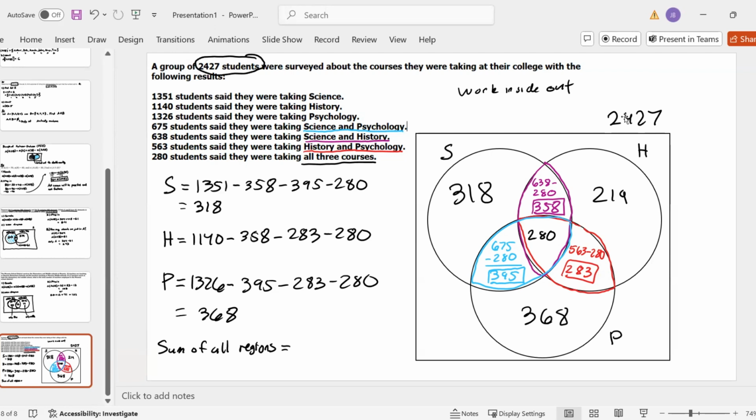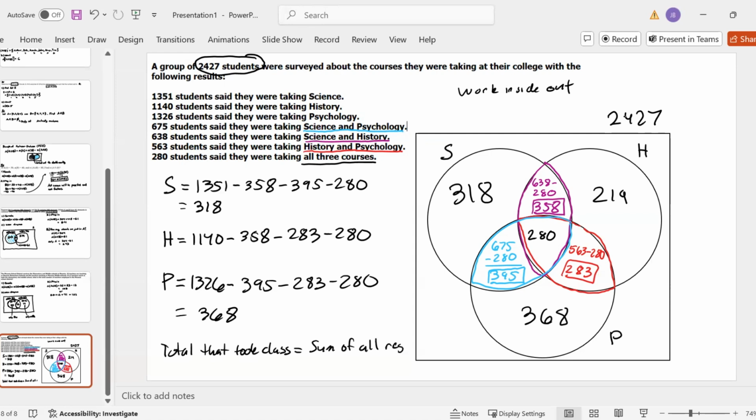And if you want to find out how many students took none of the classes, sorry, we know how many total students took a class, so the total that took a class is equal to the sum of all regions.